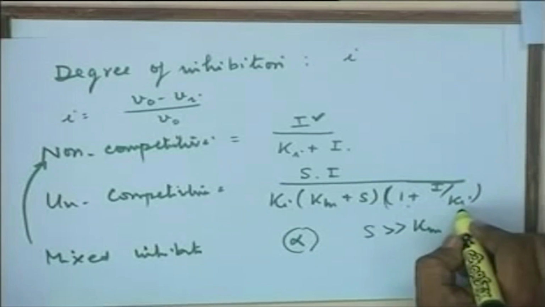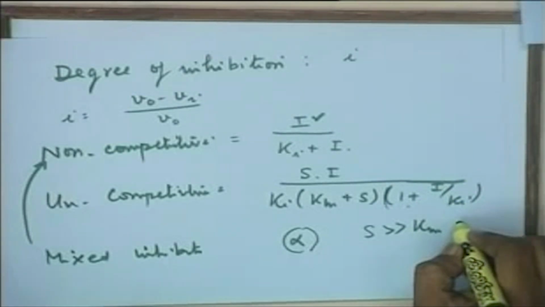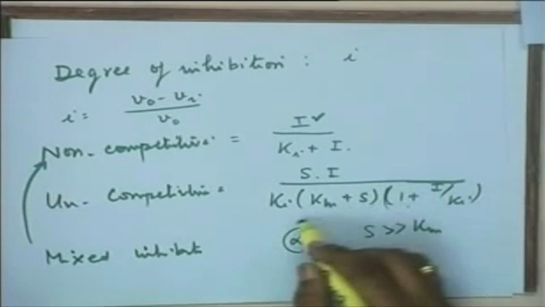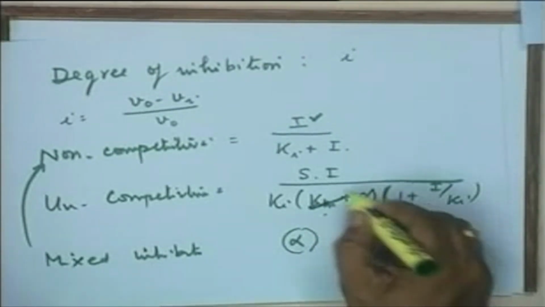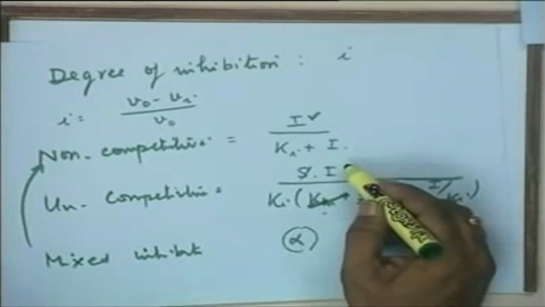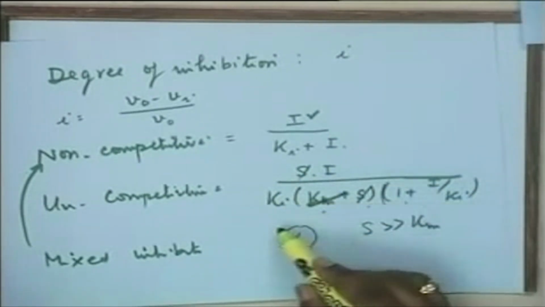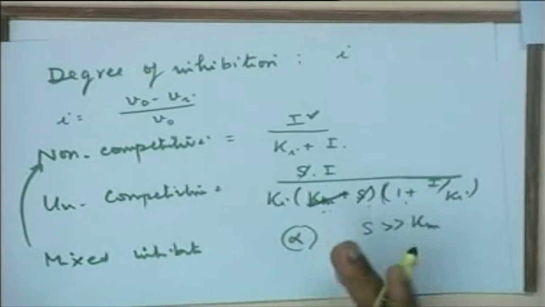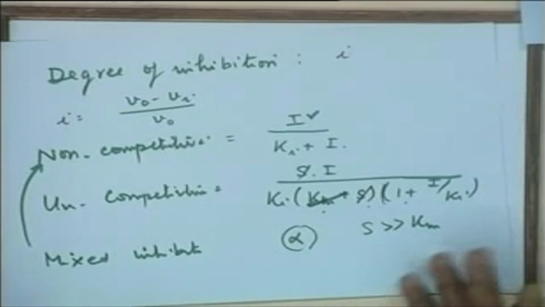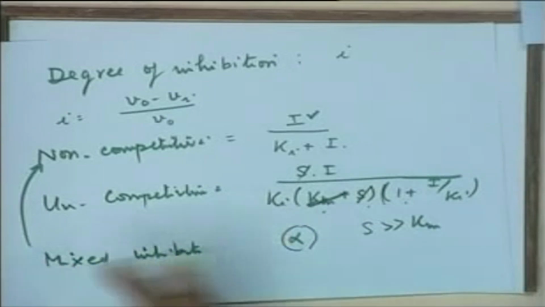How is it reaching that limiting value, sir? You see, Km becomes negligible and S gets cancelled, and then the degree of inhibition will be I upon Ki into 1 plus I upon Ki. It reaches a limiting value of 1 plus I upon Ki maximum, but otherwise at low substrate concentration it will be somewhere in between 0 and that value.